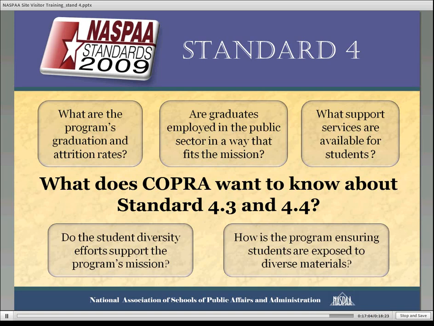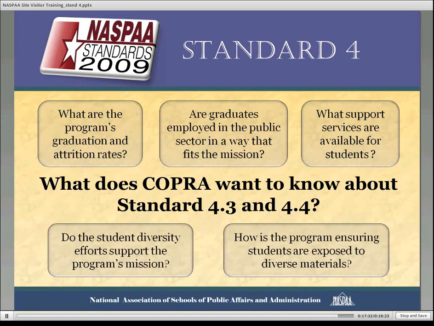And then finally, does the program ensure that students are exposed to diverse materials? So not every program, based on its location, for example, is going to be able to have a widely diverse demographic composition of its student body. But still, students need to be exposed to a diverse range of perspectives and individuals and materials.